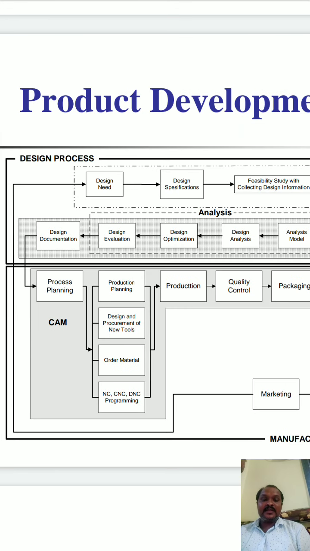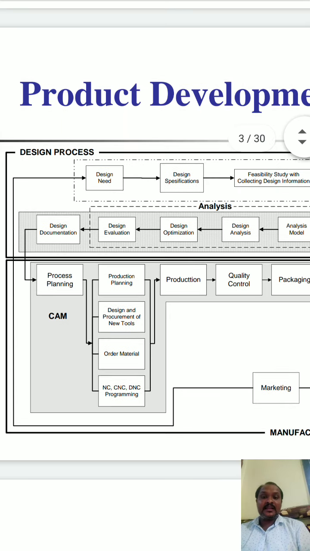So that requires the design need. What is the importance of the design if you are making any product? Whether it is needed or not is very important to understand. If it is already available in the market and you still make it, then something should change in the design. That will give you the design needs.